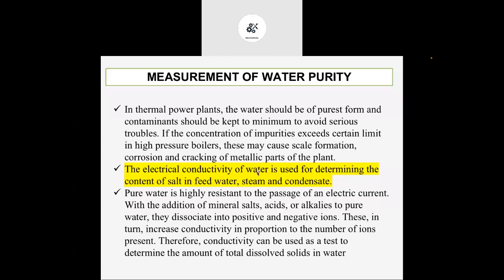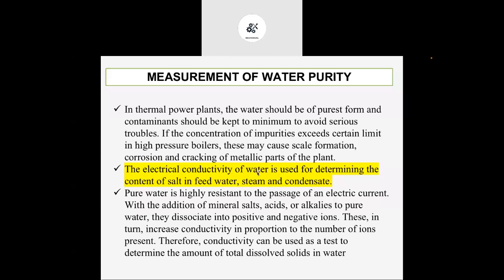It is highly resistant to electric current; we can say its electrical conductivity is zero. But if we add different mineral salts, acids or alkalis to the pure water, they dissolve into the water and dissociate into positive and negative ions.